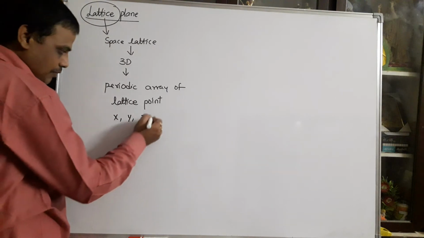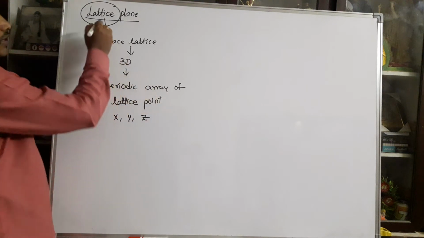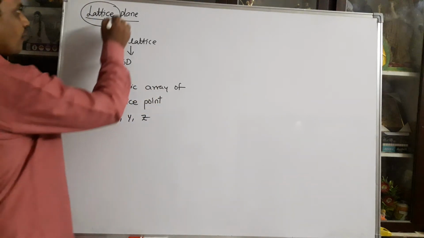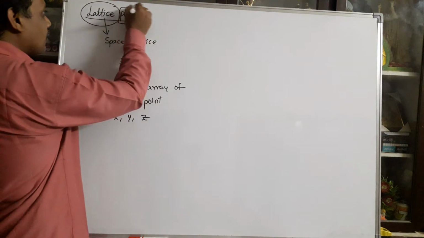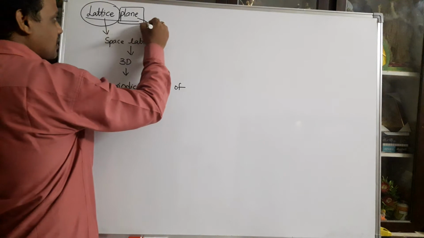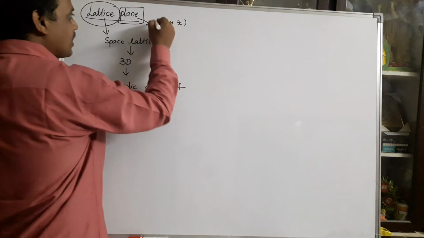In this three-dimensional view, the lattice point arrangement is called the lattice, especially the space lattice. After that, what is a plane? A plane is expressed from a three-dimensional point of view, with x, y, z coordinates.